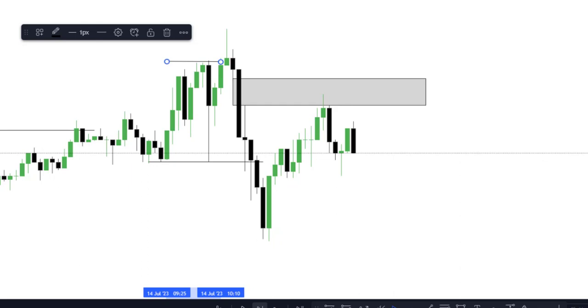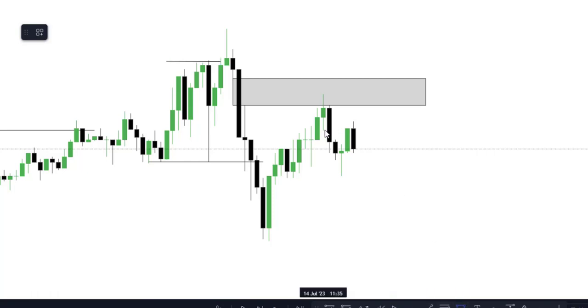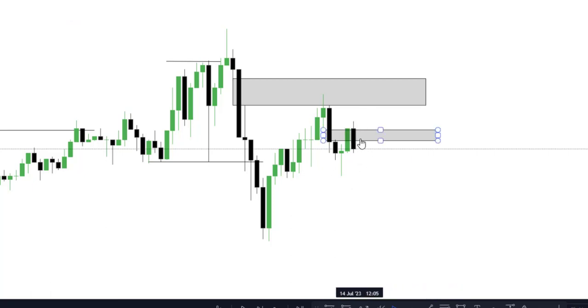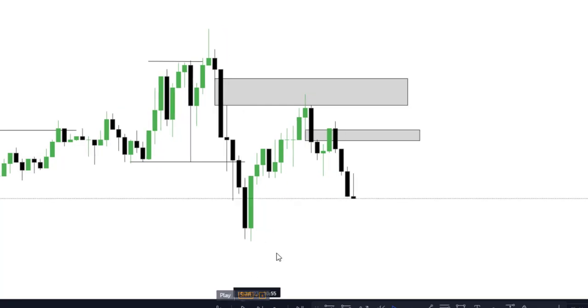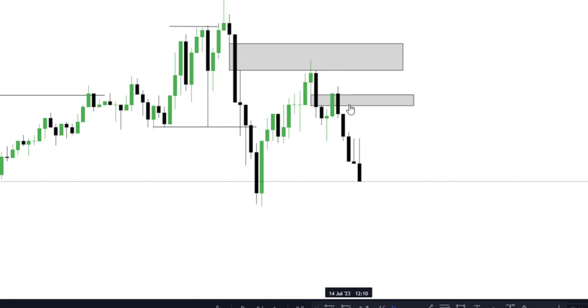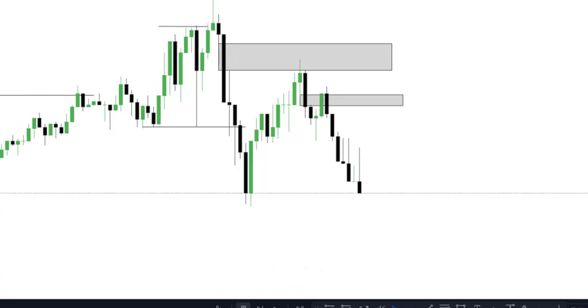So if we replay this price again, you can see that we had another fair value gap, a small fair value gap right here. And as you can see, price is still respecting our fair value gap, and eventually it continues to the downside.